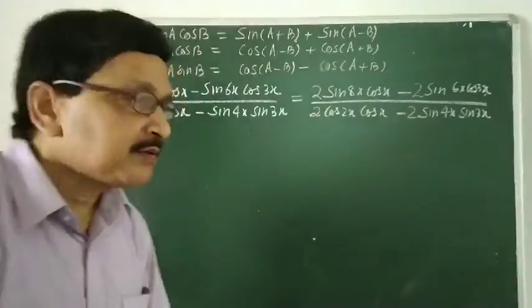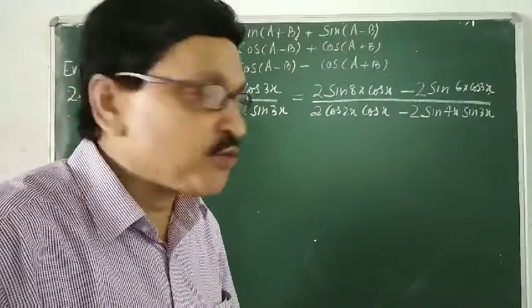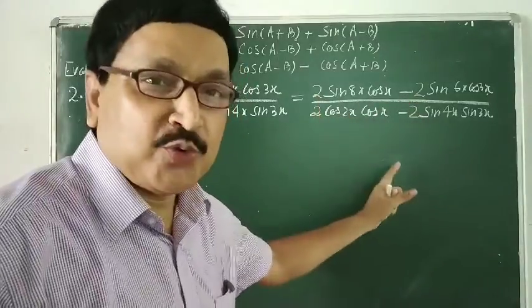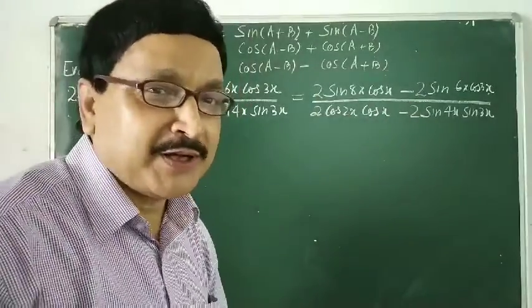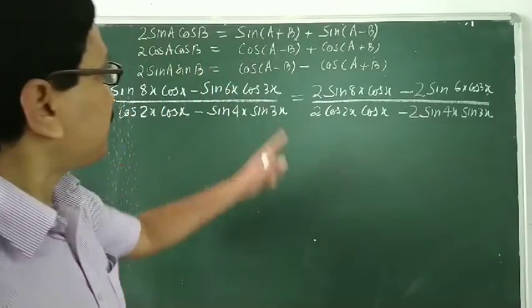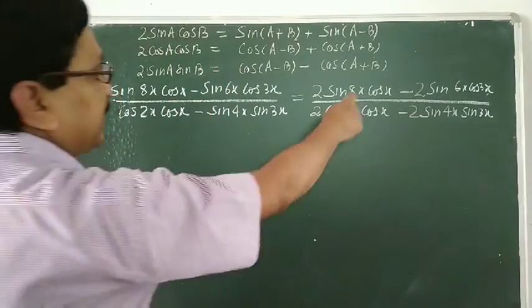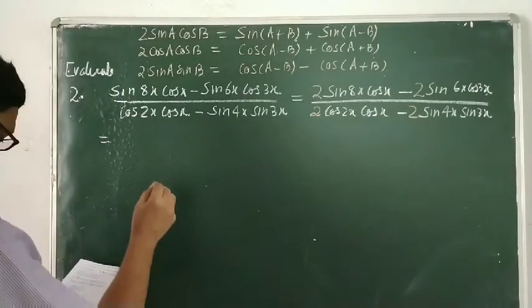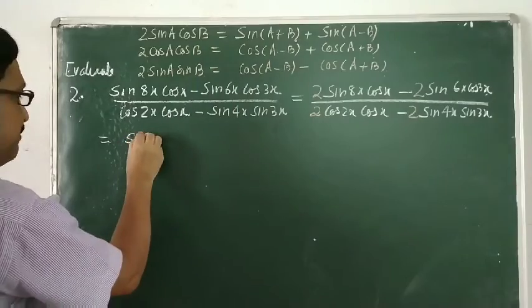So children, just see, the product of two trigonometric functions is passive. To make them active, we have multiplied everywhere by 2, numerator and denominator, no loss at all. No mathematical loss, no mathematical error. Now use the formula available to you. Just see 2 sin A cos B, this is equal to sin (A plus B) plus sin (A minus B).